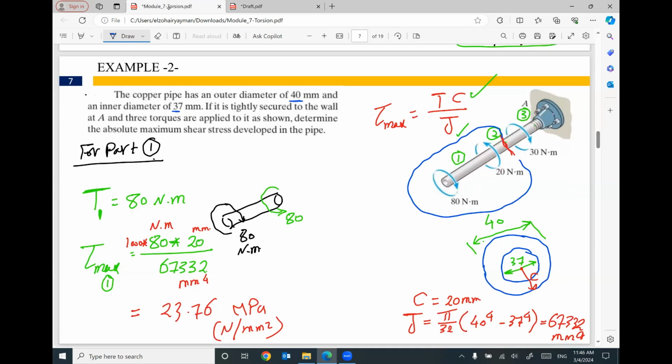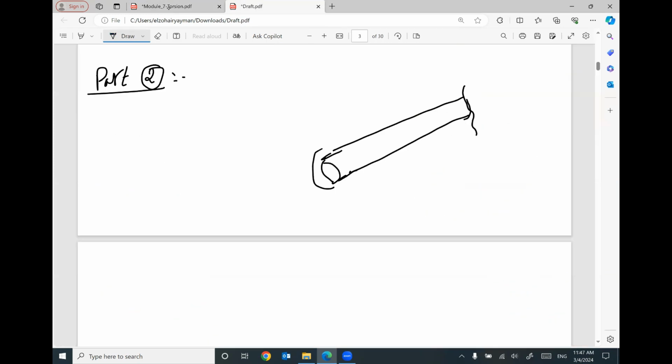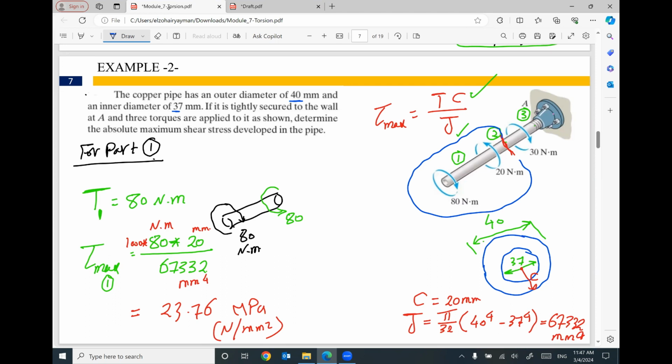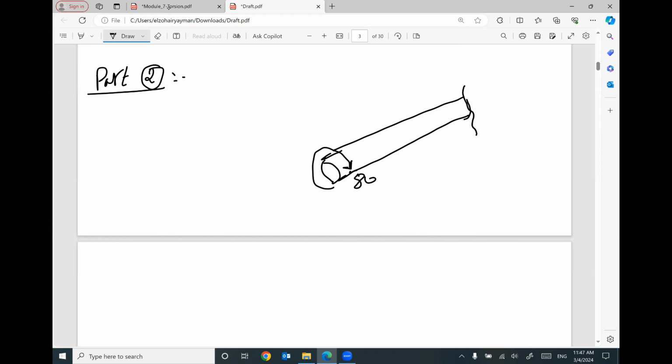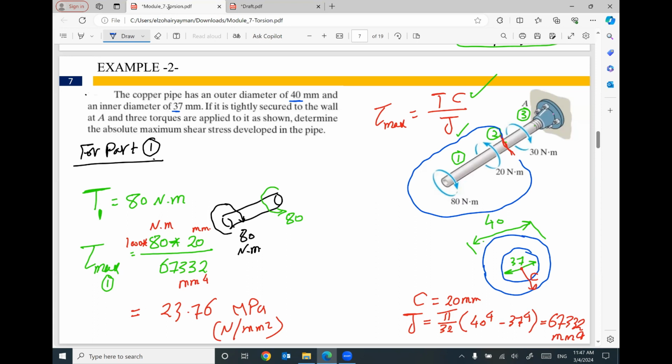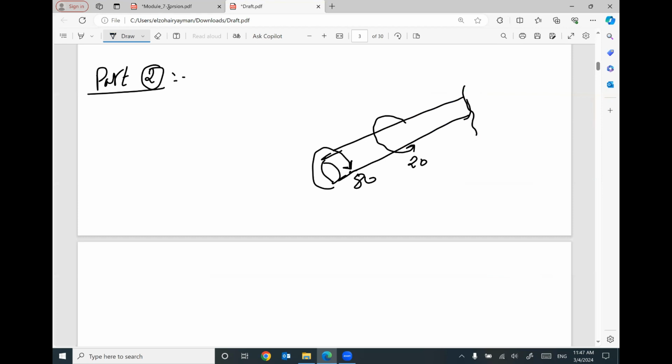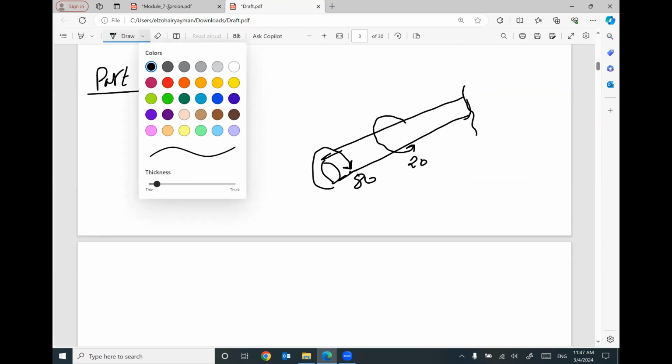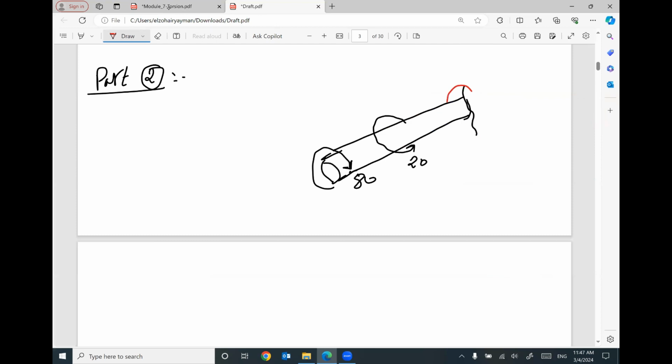We have an applied torque at this end, 80, like this, and a torque in opposite direction, 20, like this. Okay. So I expect a torque at the end in the same direction as 80, equal to 60. So the 60 and the 20, both of them will be in equilibrium with the 80. That makes sense?